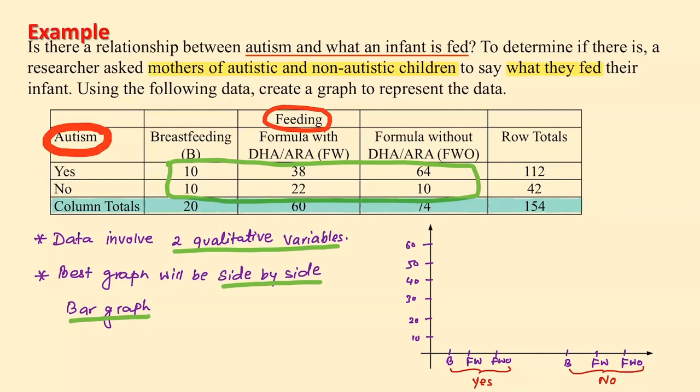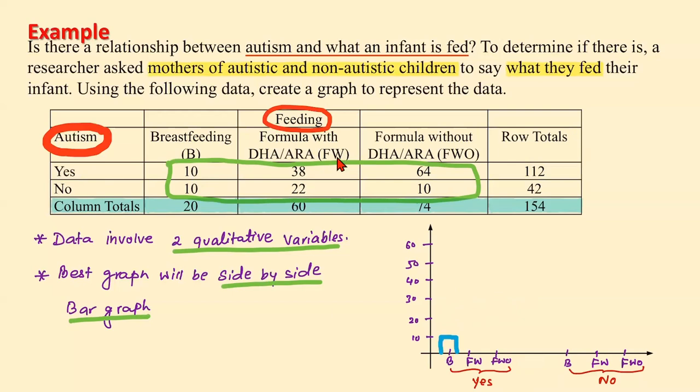So, for example, breastfeeding and autism is yes. So that is a 10. So when you draw a bar, you draw it like that. If you connect them, it really doesn't matter whether you connect or not. If you want to draw the second bar connected there, that's totally fine.